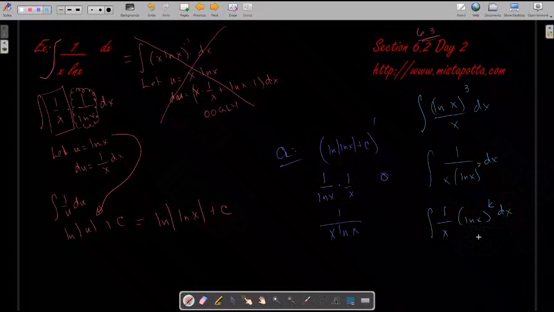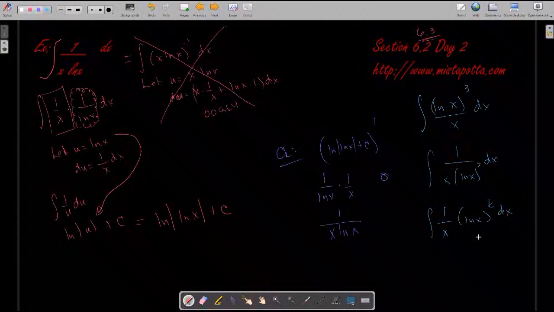So I just wanted to make sure that everyone's aware that this is a technique that we have. This u-substitution helps us deal with finding the antiderivative of natural log with 1 over x with it.